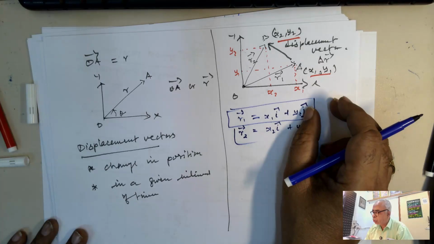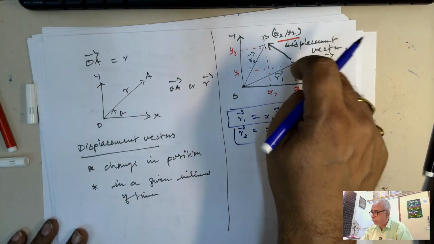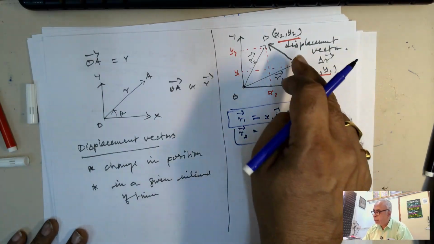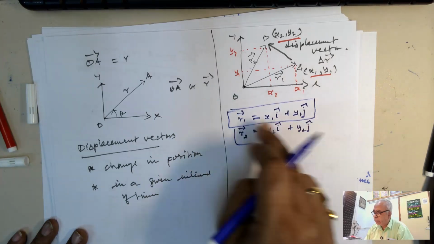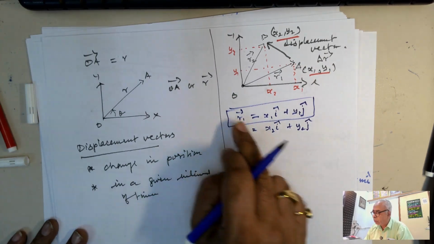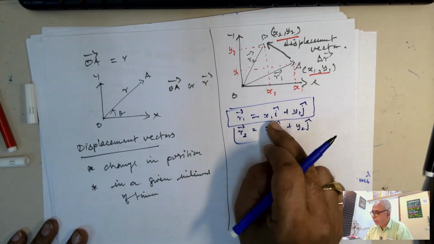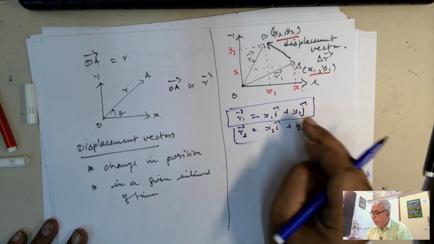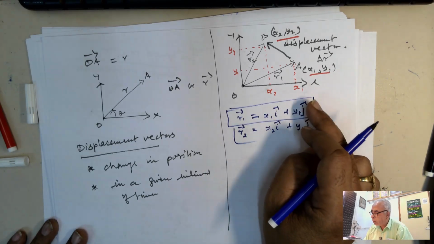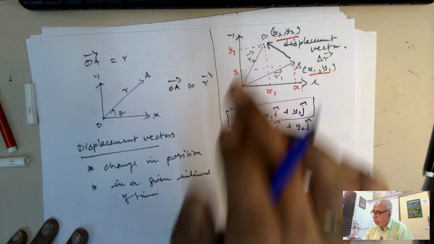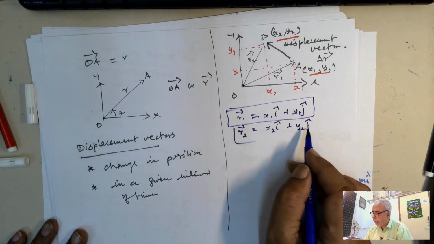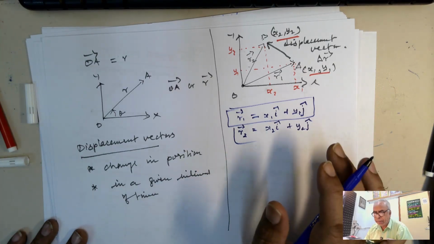So using this x1 and y1, we can identify the point in this graph. That's why we take this as R1, x1 i cap plus y1 j cap. Similarly, R2 is x2 i cap plus y2 j cap.